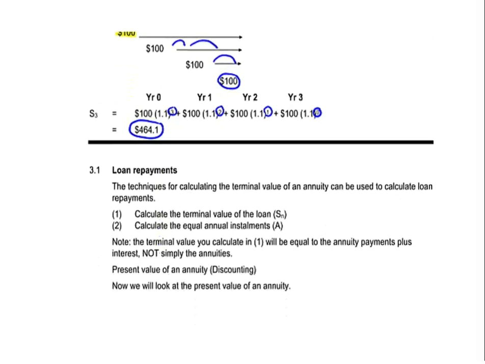So one of the uses of this technique then is to work out the loan payments. So if you take out a loan, then you've got to pay back the principal, the money value borrowed, and you've also got to pay the interest.